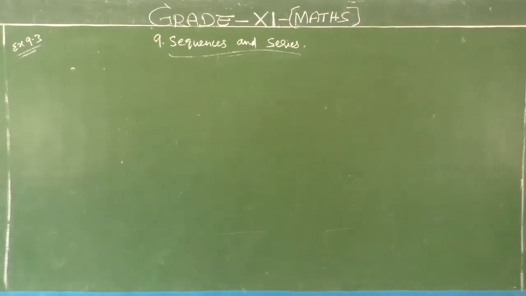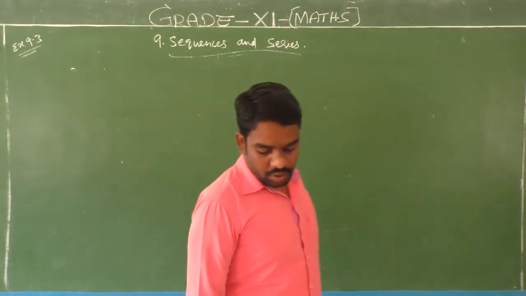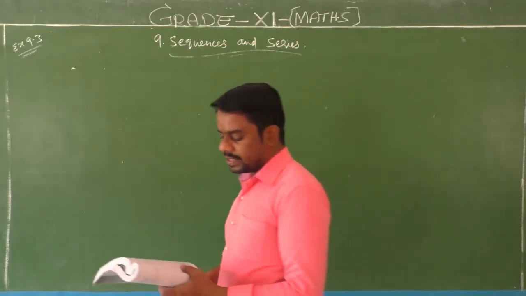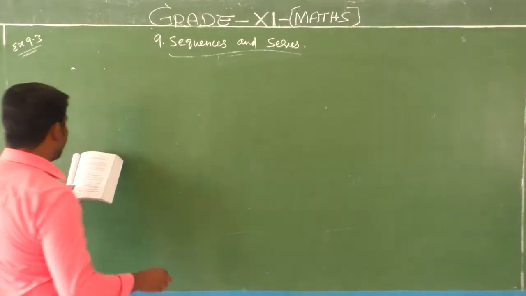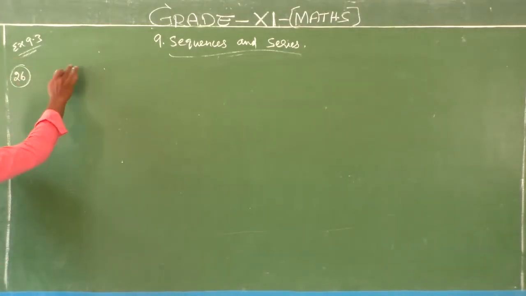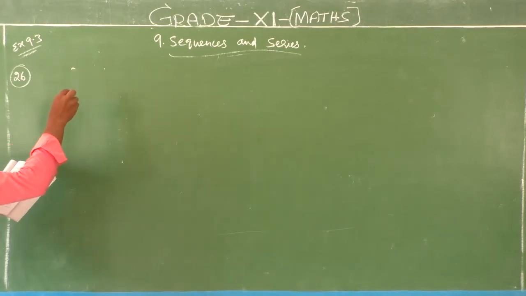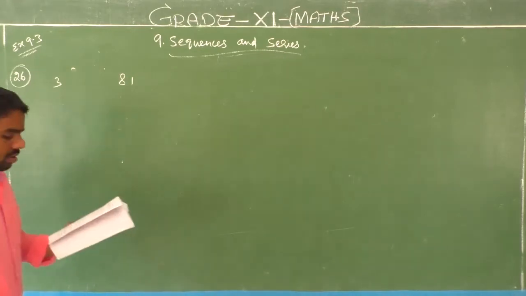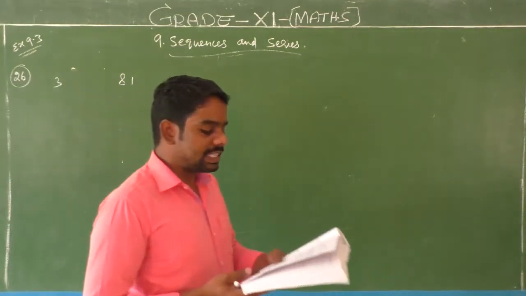Right. Next, exercise 9.3, question number 26. Insert two numbers between 3 and 81 so that the resulting sequence is GP.